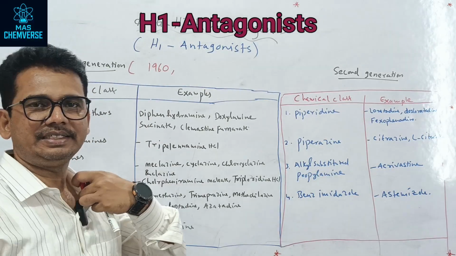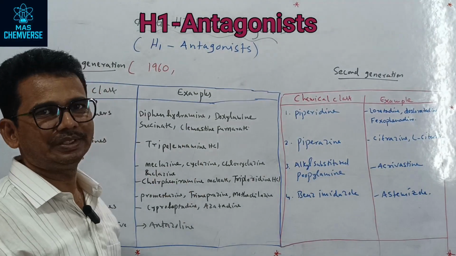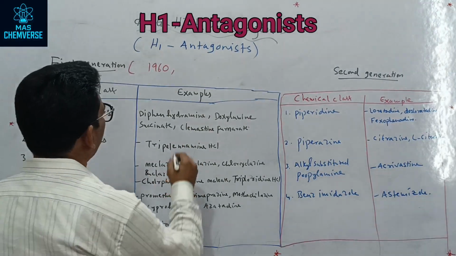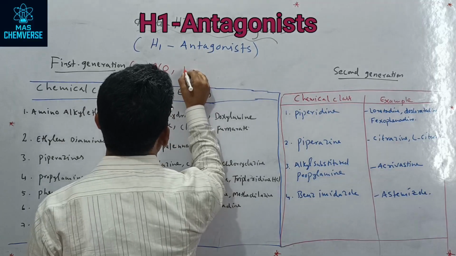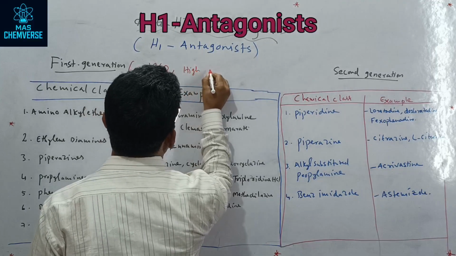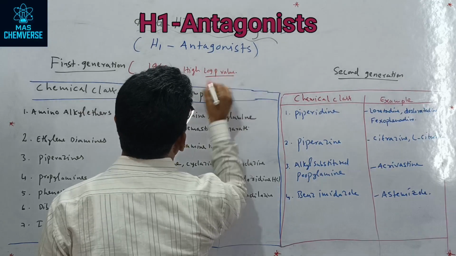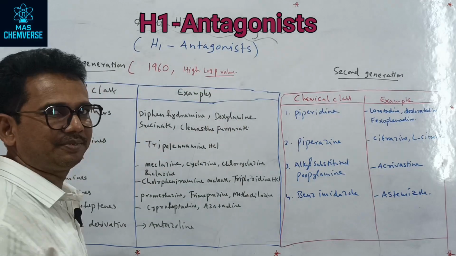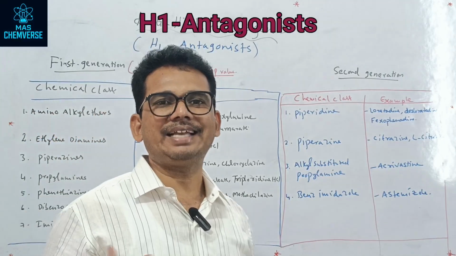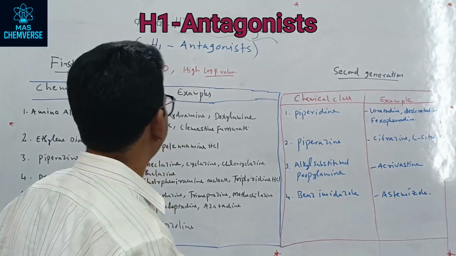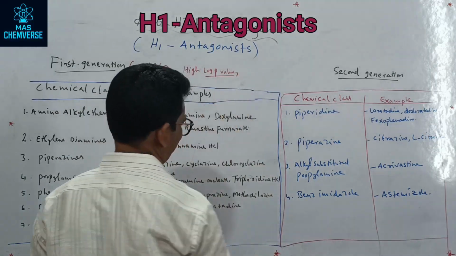The other difference is that it has high lipid solubility, meaning a high log P value. Lipid solubility being high means it easily crosses the blood brain barrier, so it reaches the central nervous system.